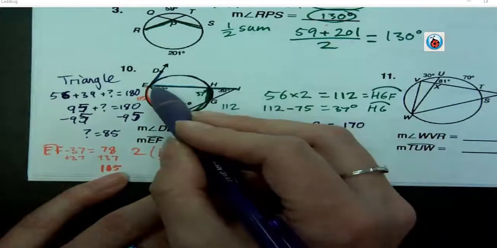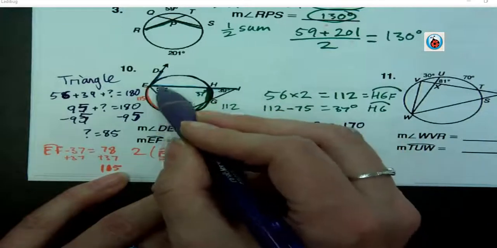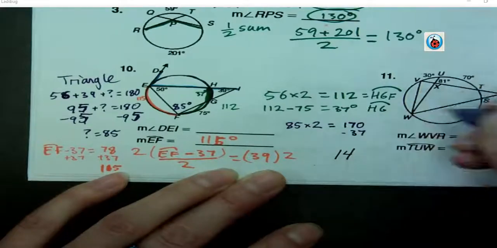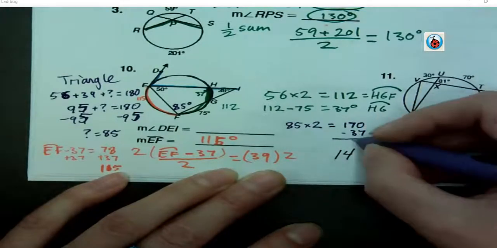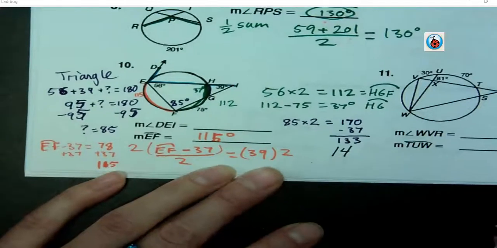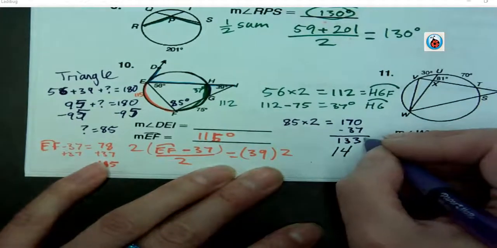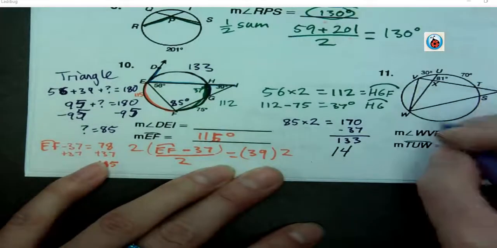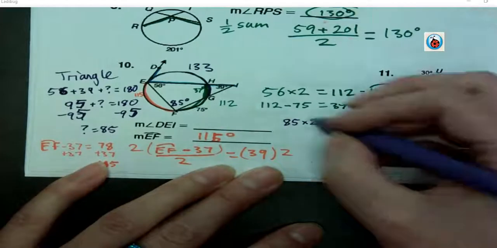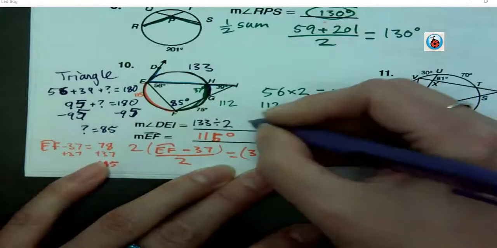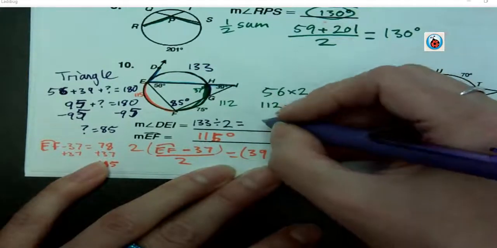And since I'm just looking for this line, DEI, which crosses through H, I'm then going to subtract the 37 to give me 133. And then my 133 is this arc, and I divide it by 2 to get my angle, which equals 66.5.